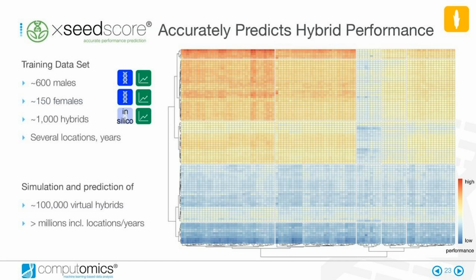You see the predicted performance of all parental combinations ranked from high performing in red to low performing in blue. The parents were clustered by the hybrid's performance, and so it's very easy to spot parents with similar performance.